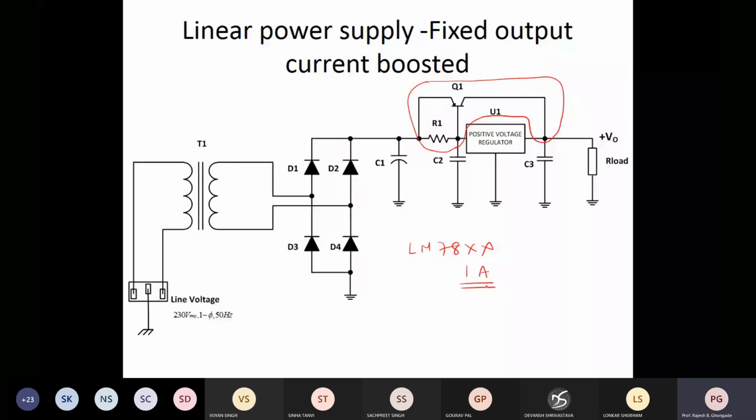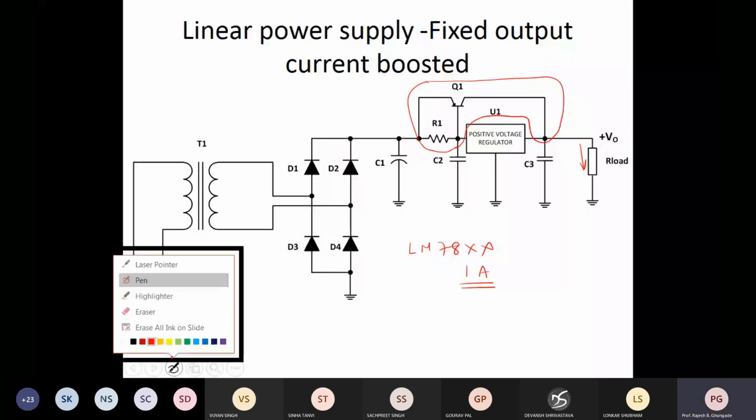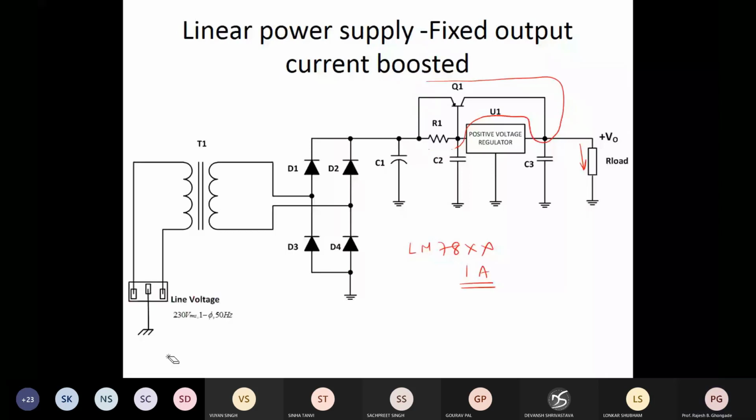Now if my current requirement is more than 1 ampere, what should I do? So this particular circuit boosts the current sourcing capability. All right. So let us see how this works.